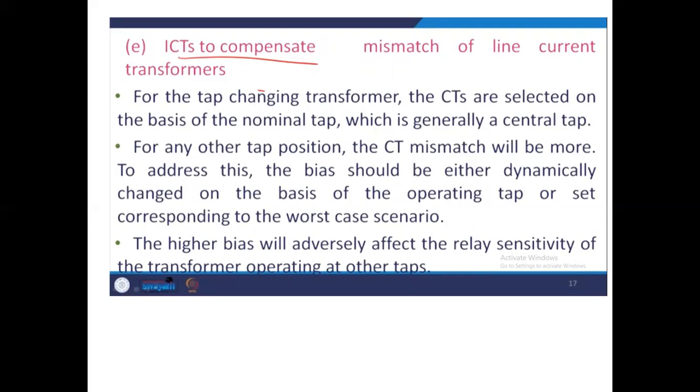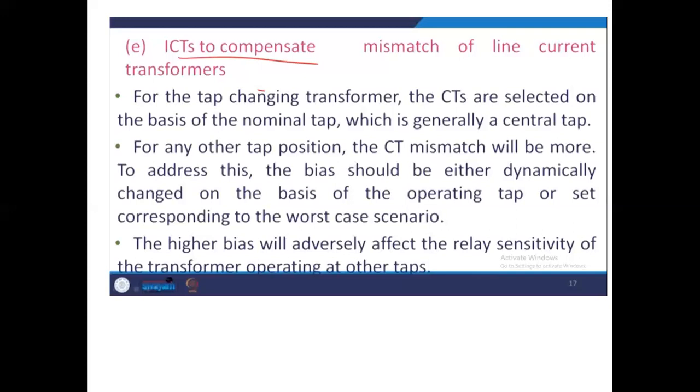That means if I wish to compensate the magnitude of the current as well as the phase shift at lower voltage, lower current, then we can go for interposing current transformers. When we use the interposing current transformer, it can easily compensate whatever the mismatch is in the magnitude as well as in the phase.